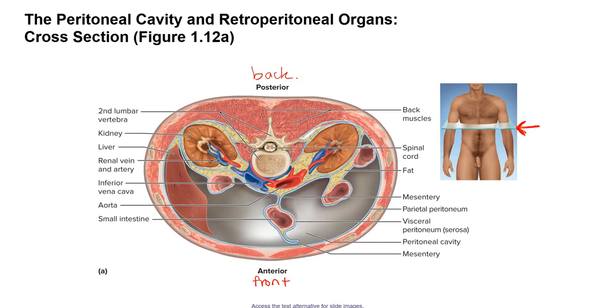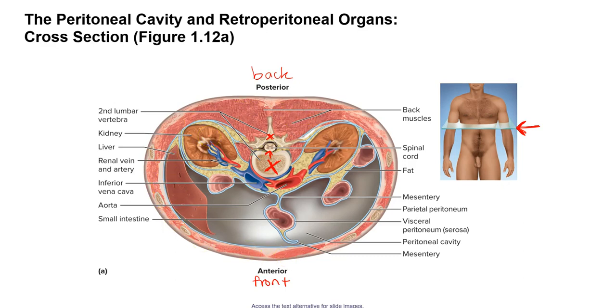And so this is cut in the abdominal pelvic region so we can see the different cavities and membranes. Okay. So you can see here in the center, that's the vertebrae with the spinal cord here. This is another portion of the vertebrae. What you see at the outer edge, that is muscles.